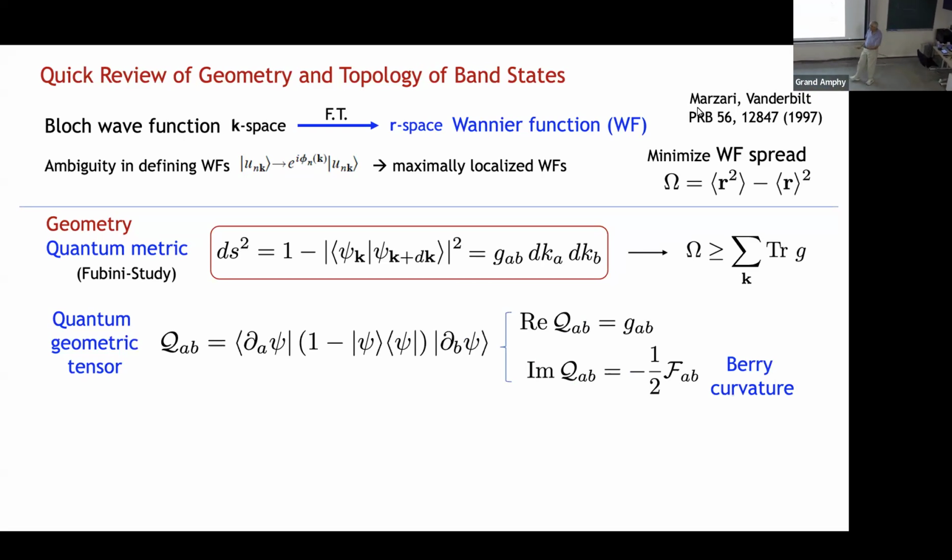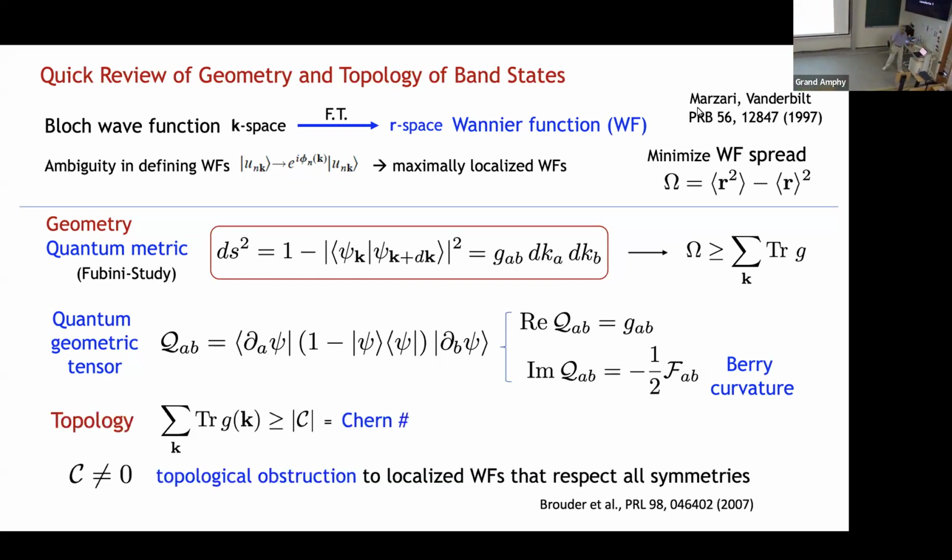So there is a package deal object, the quantum geometric tensor, that contains both the quantum metric and the Berry curvature. And in fact, there is a very well-known inequality connecting quantum geometry and topology, which says that the trace of the quantum metric is always bounded below by the absolute value of the Chern number.